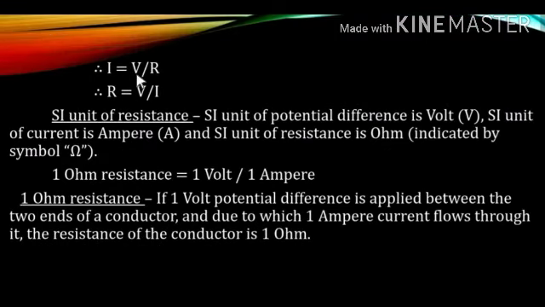As we know that V is equal to I into R, if I is to be calculated, then R, which is present on this side in the numerator, will go to the denominator on the RHS. Therefore, I is equal to V divided by R. Also, if R is taken to the left hand side, it will go into the numerator, and I, which is in the numerator, when it changes its side, will go into the denominator.